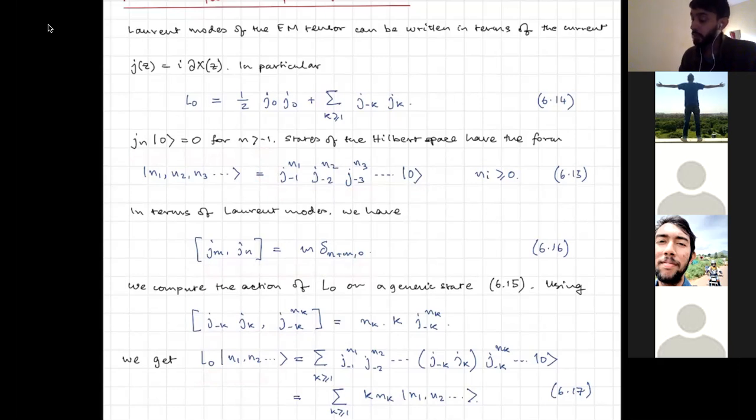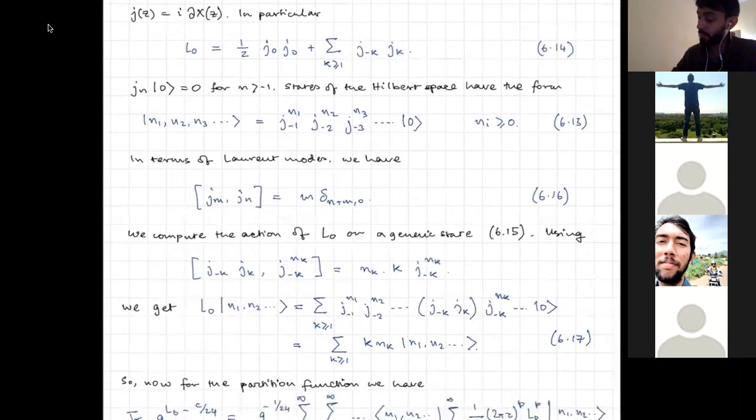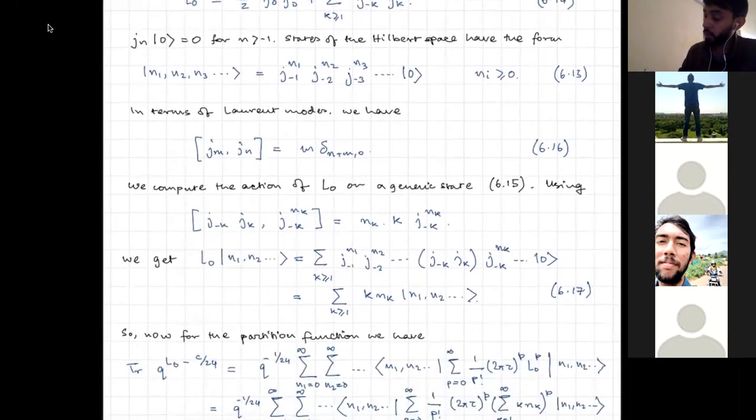Once you do that and you plug things in, what you're going to get is a summation. This is just straightforward algebra that you can do. You're going to get n_k times k multiplying this state, and you need to sum over all the k's which are greater than or equal to 1.